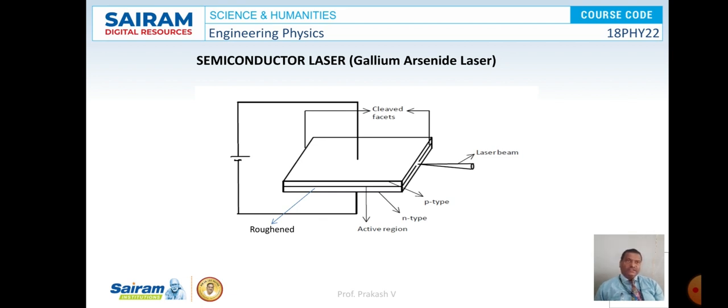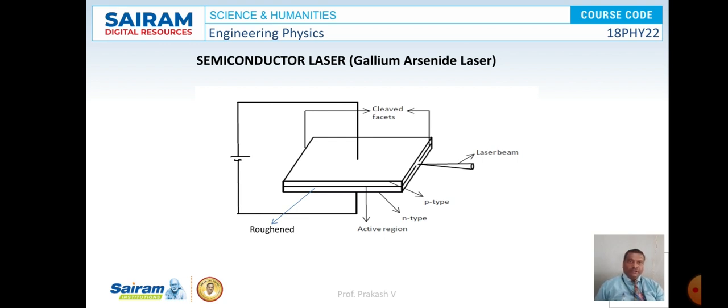Since the energy gap of gallium arsenide semiconductor is 1.4 electron volts, the laser emitted from this diode has a wavelength of around 8400 angstrom. So this is the wavelength of radiation emitted.